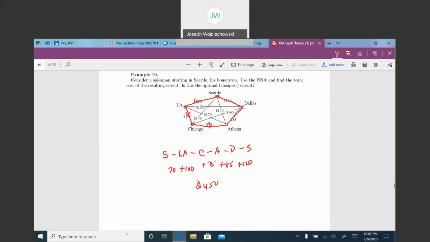Now looking at that, that's probably the shortest method, because the largest dollar value here is 120, and I don't have any other routes that are less than that. So this is probably the cheapest circuit in this case.